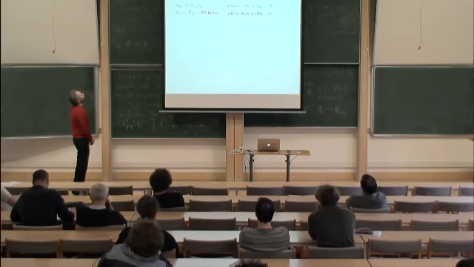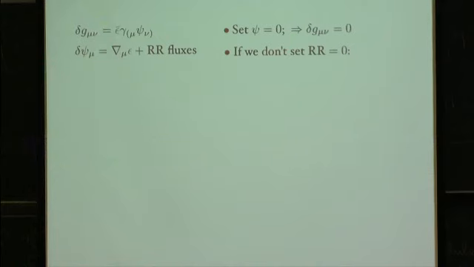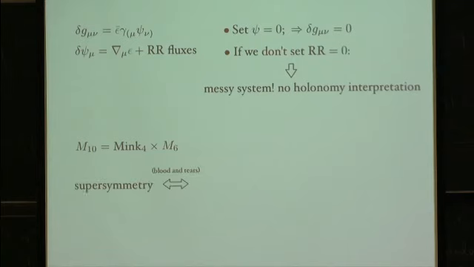All right, so now in general, this was an easy example, but as you might imagine from the way I put things, in general, I'm interested in having Ramond fields on. And then what happens is that you get a messy system, which has no clear holonomy interpretation. Even if you have this particular factorization, the holonomy route somehow doesn't tell you much. But it turns out there's an alternative way of understanding.